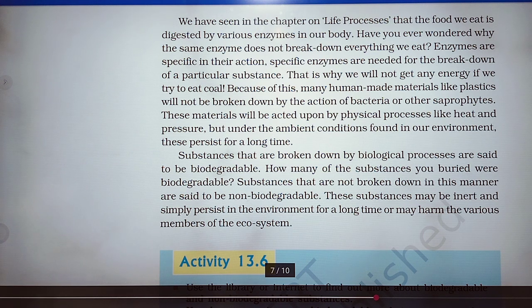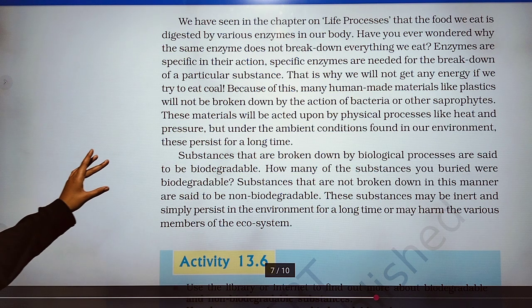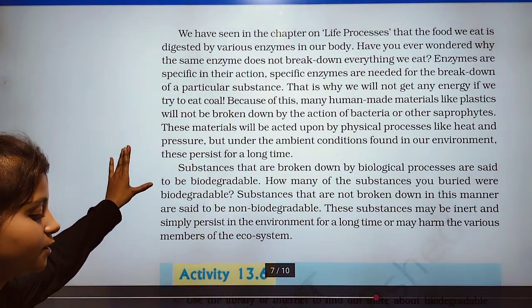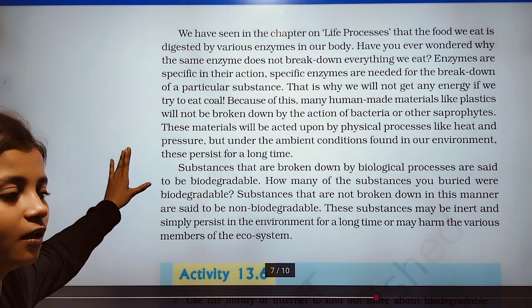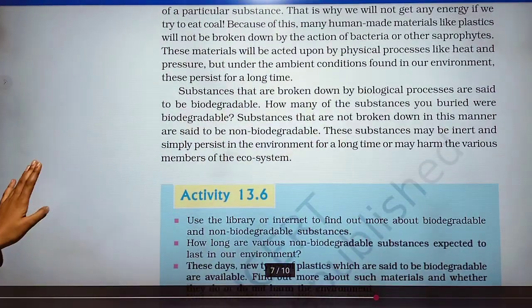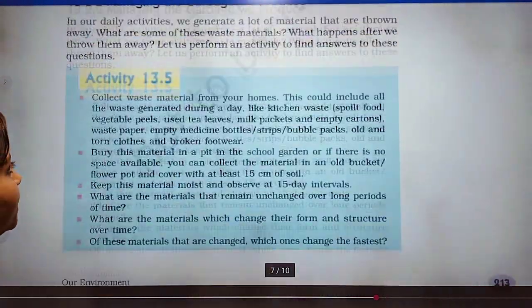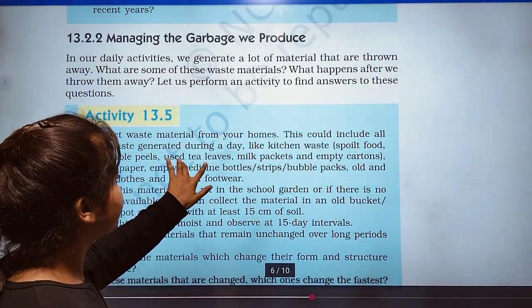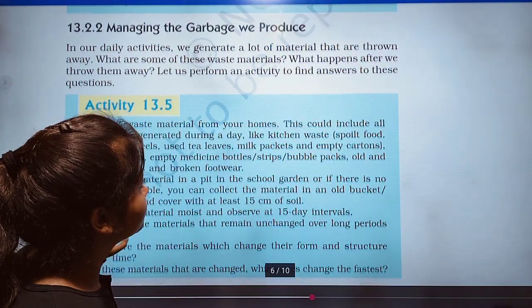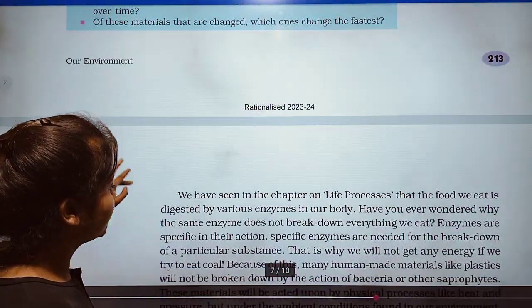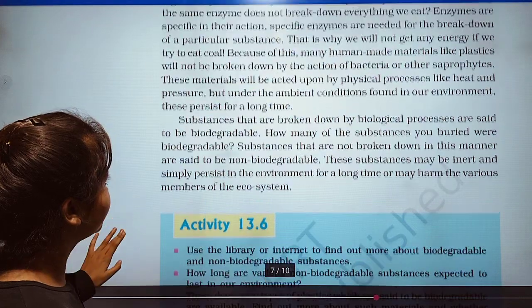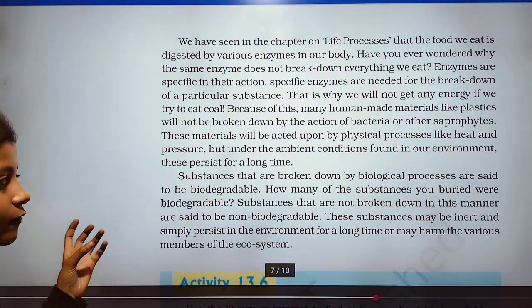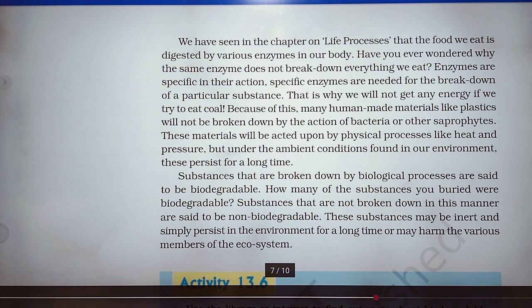Things like vegetable peels, used tea leaves and spoiled food are biodegradable, since they can be broken down with the help of biological processes.